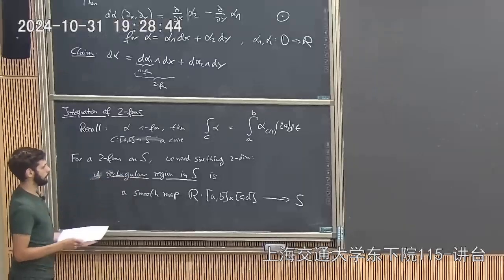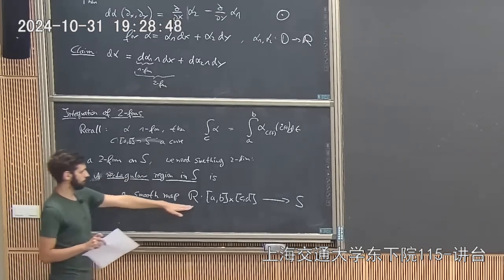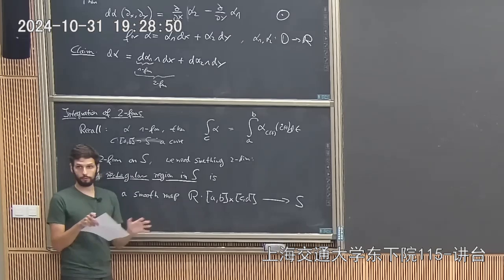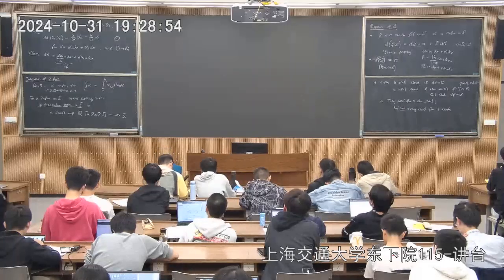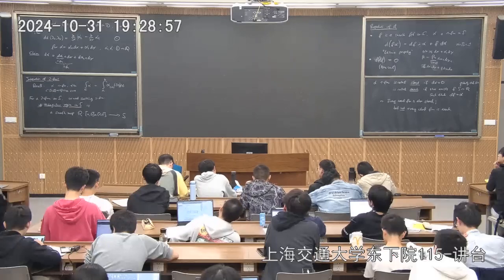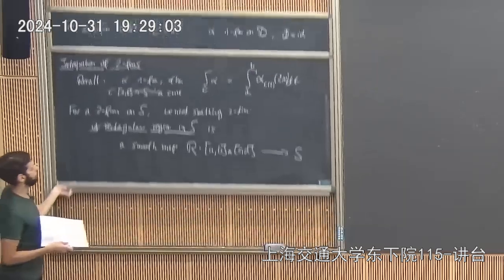So that's a rectangular surface. We first define the integral over that, and later we will talk about how to make sense of the whole integral over a surface by pasting rectangular elements over the surface and then summing up the contributions of each one of them.